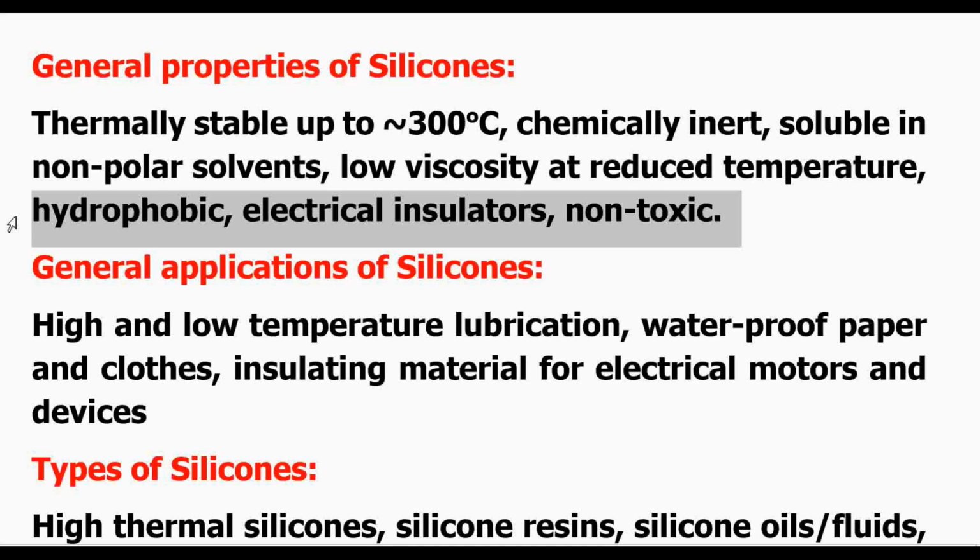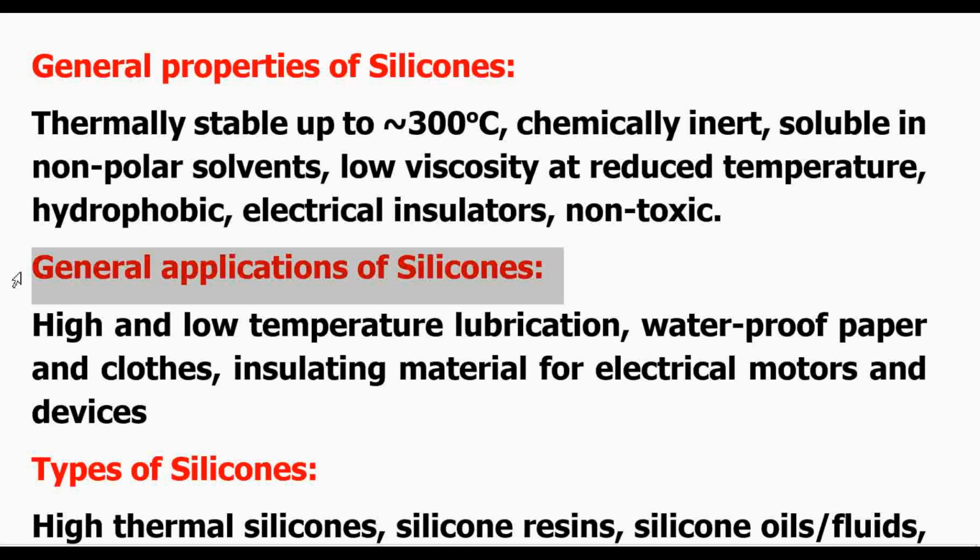Then they are hydrophobic. They are water repellent, or they do not get wet by water. And they are insulators of electricity. And also they are non-toxic. So because of these general properties, the silicones find a very important place in the industries.